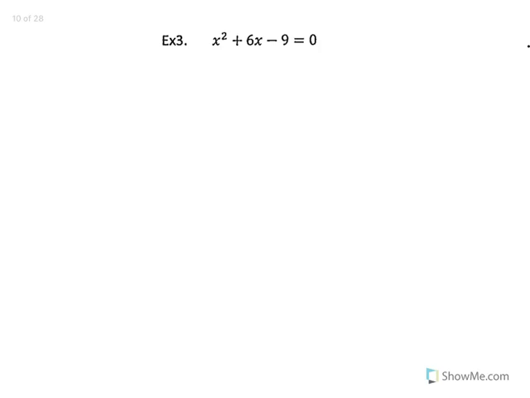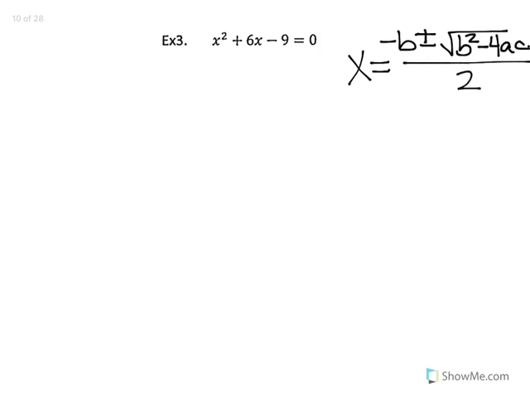Okay, I'm going to start by writing the quadratic formula. So you should probably too, it's just the more you write it, the more likely you are to memorize it. So it starts off with x equals negative b plus or minus the square root of b squared minus 4ac all divided by 2a.